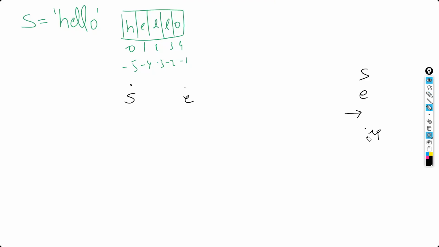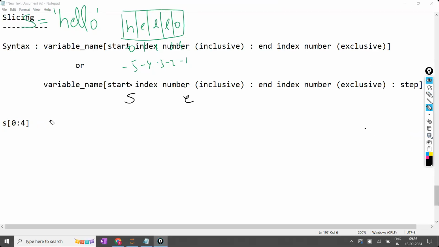Whenever you are using only one colon without the second colon, by default it will take the step as +1. That is default. When you are not using the second colon, automatically it is +1.